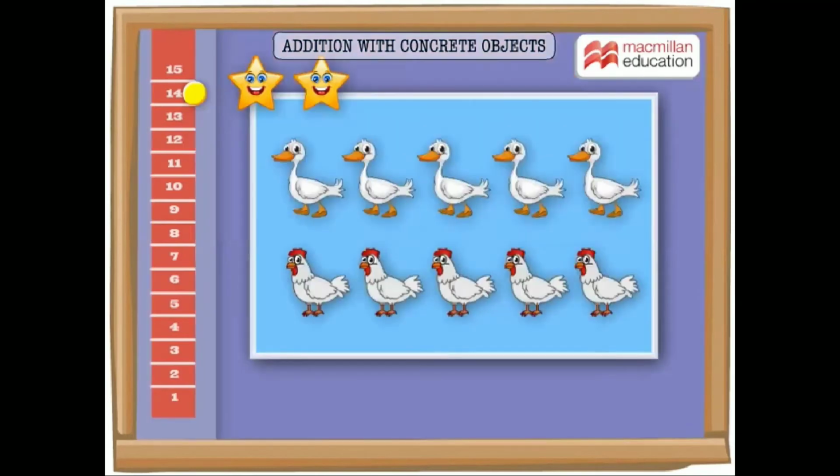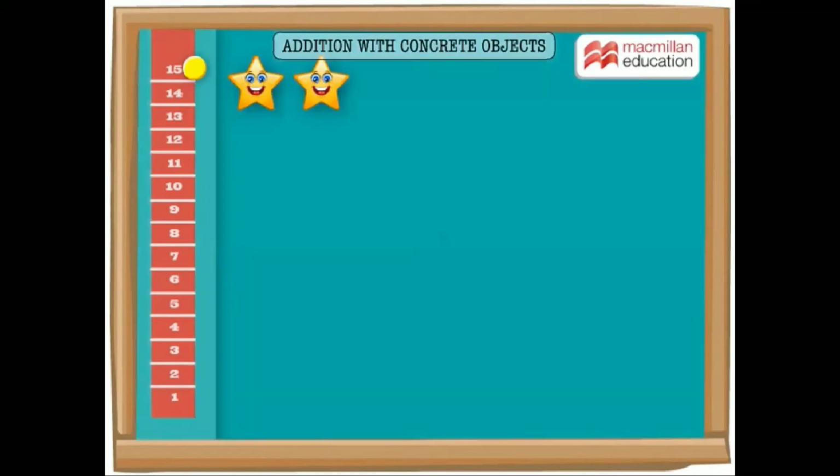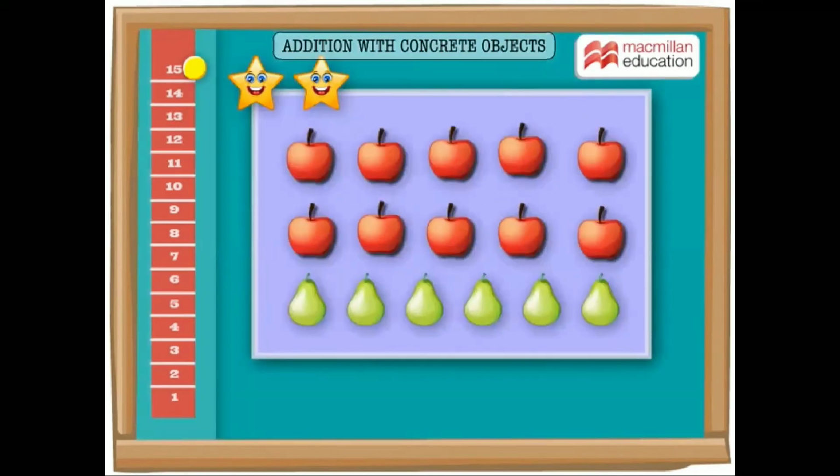What is the total number of birds? 10 birds. How many fruits are there altogether? 16 fruits.